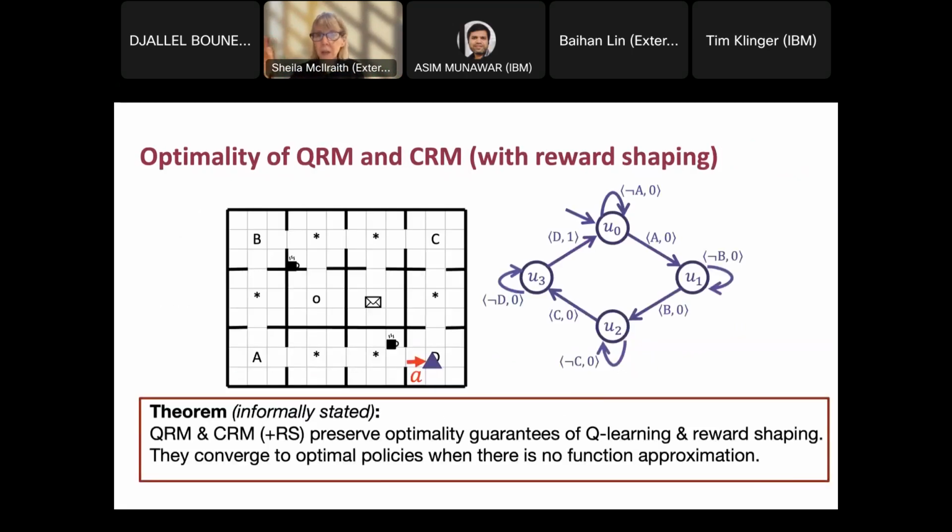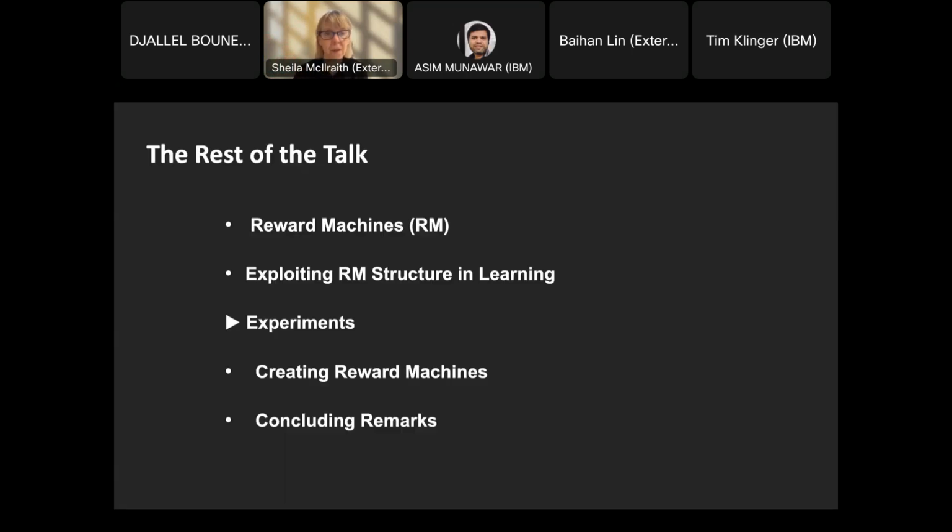An important property of QRM and CRM, with and without reward shaping, is that they preserve the optimality guarantees of Q learning and reward shaping. That means for tabular settings, where we don't have function approximation, they converge to optimal policies. So that's a really exciting result.